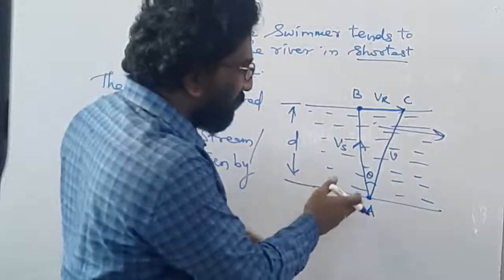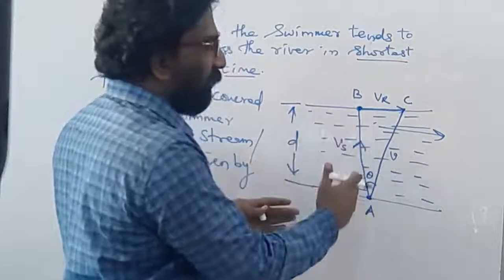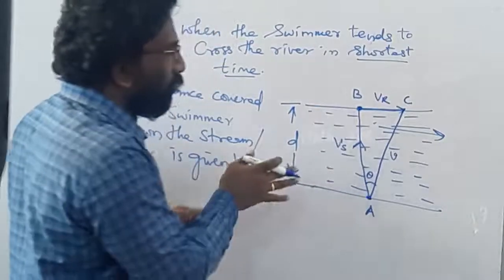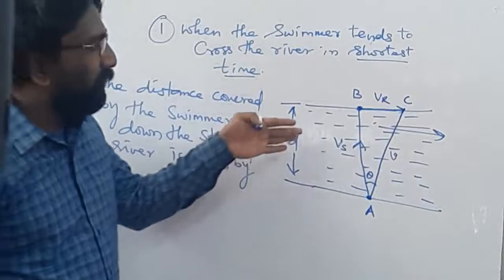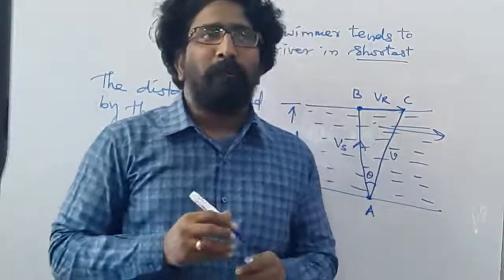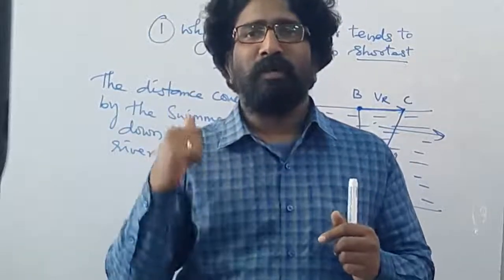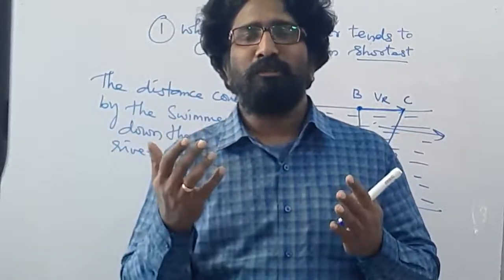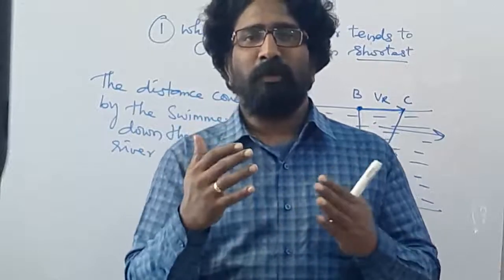In fact, if we try to swim perpendicular to this particular river, what happens is that due to the water currents, the water currents will be there. Water current is nothing else but we talk about water current in terms of the ocean currents. In a river we don't find much amount of water currents, but when you talk about ocean currents or water current, the same definition applies here.